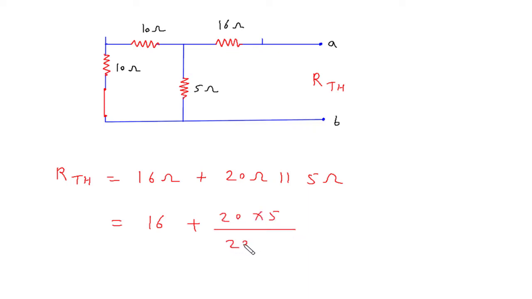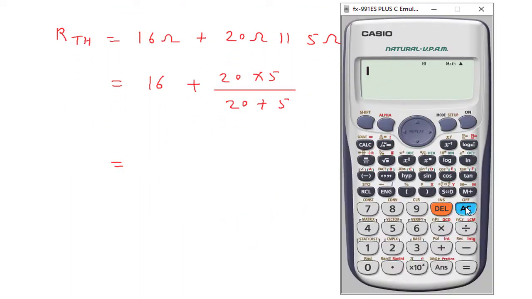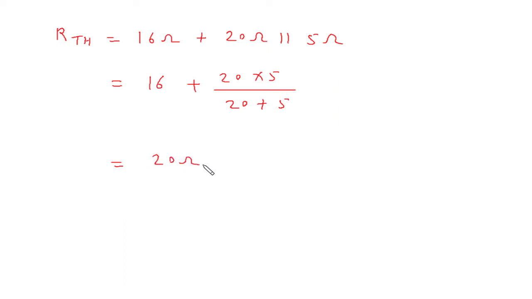This will be 16 plus 20 into 5 divided by 20 plus 5. So it is 20 ohm. 20 ohm is the value of RTh.